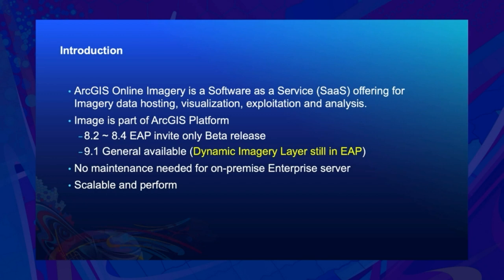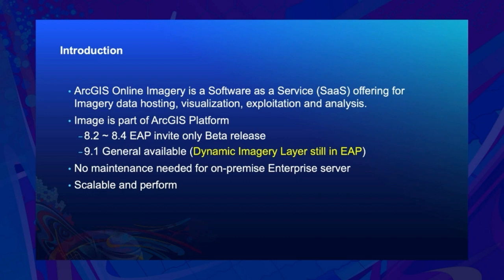And imagery is an important part of our ArcGIS Online platform story. Therefore, since the 8.2 release, we introduced imagery functionalities to the ArcGIS Online platform. From the 8.2 to 8.3 release, the ArcGIS Online imagery features were in beta. Only the organizations that participated in the early adopter program received an invitation and joined us in testing this new feature.